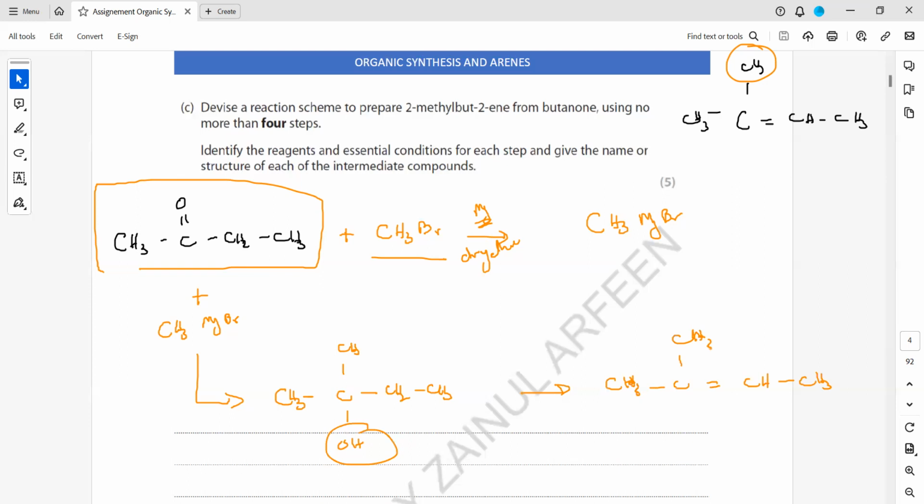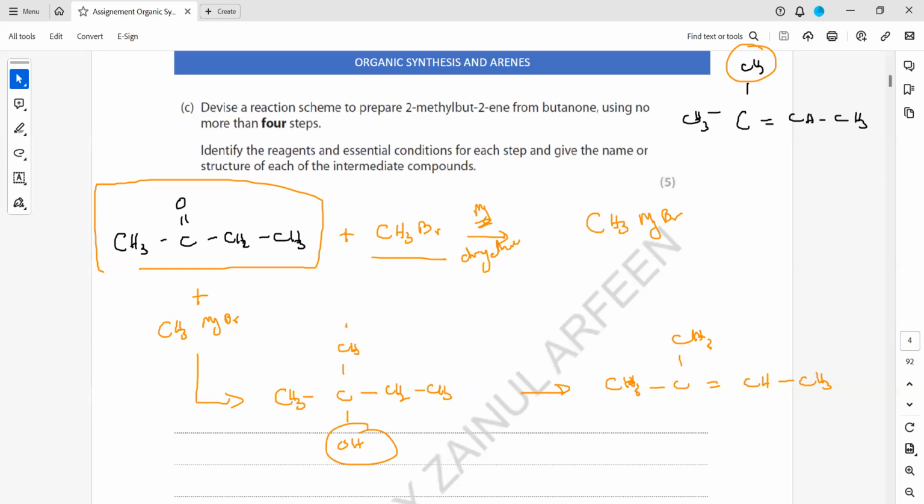So first, dry ether, and it will form with a Grignard reagent. When it is reacted, it will form 2-methyl butane-2-ol.